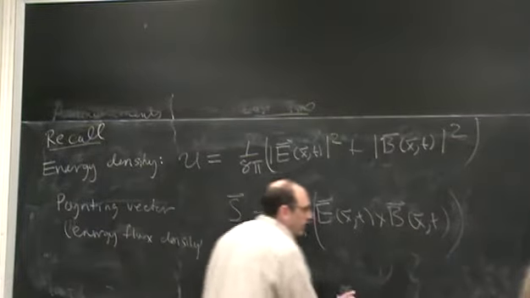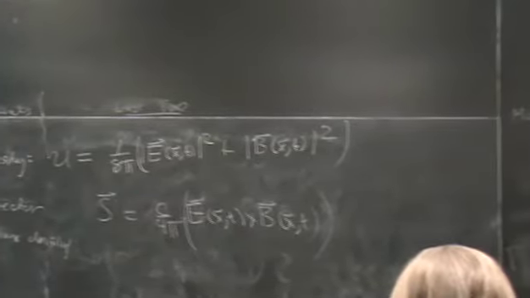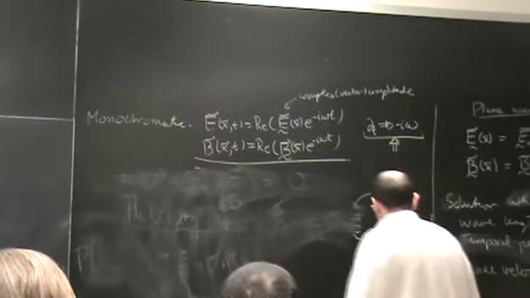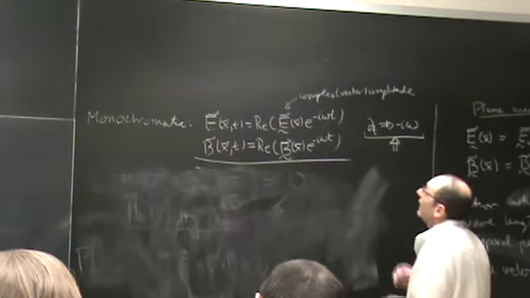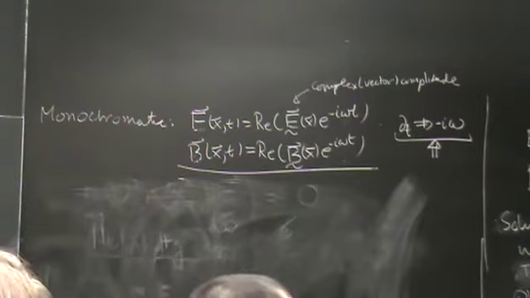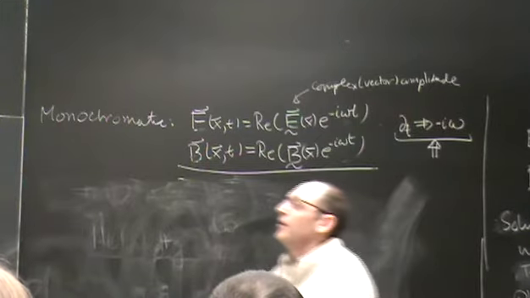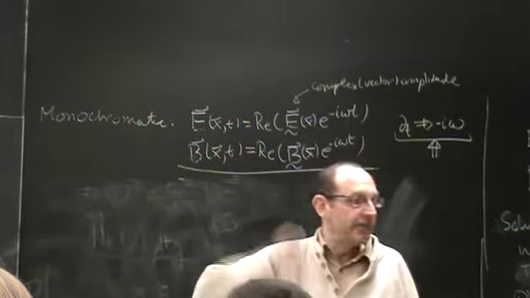So, let's look at this for the case of monochromatic fields of this form. Regardless of whether they're plane waves or not, let's just look at them for monochromatic fields. Now, quite often when we're talking about electromagnetic waves, particularly in the optical domain, where the frequency is hundreds of terahertz, 10 to the 15 hertz or something like that, we're not interested in the instantaneous force on detectors, for example, but in the force on average, because it's oscillating so fast.